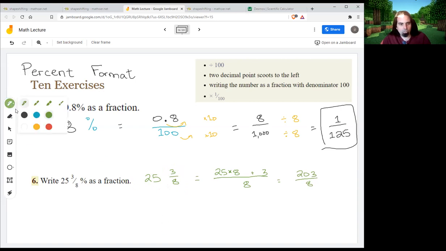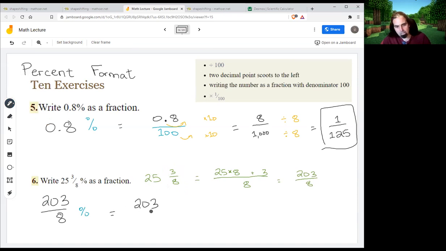So what I really want to do is take 203/8 as a percent and get rid of the percent sign by writing it as one of those 4 things. Now, which one am I going to pick?